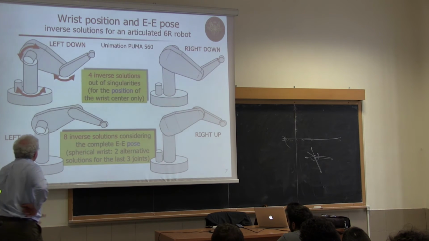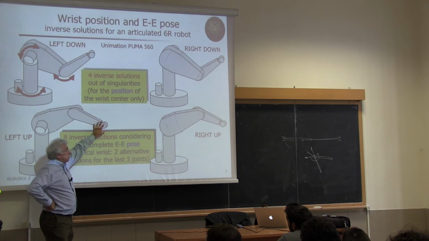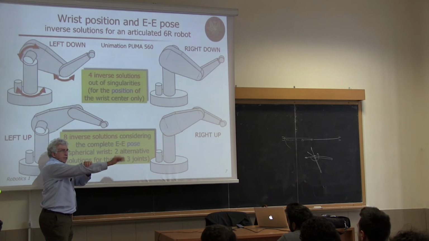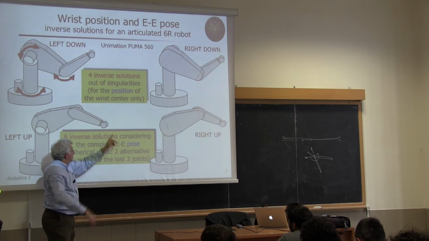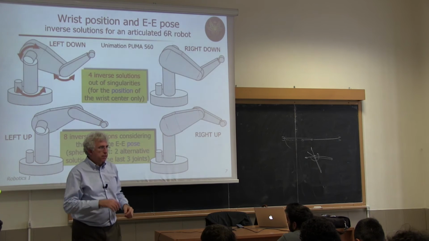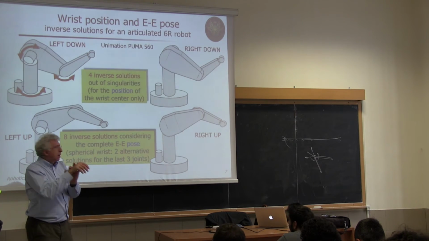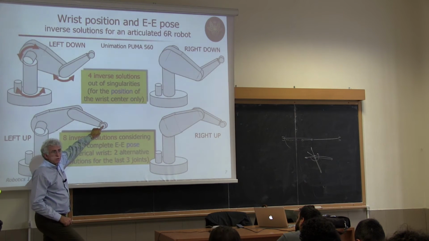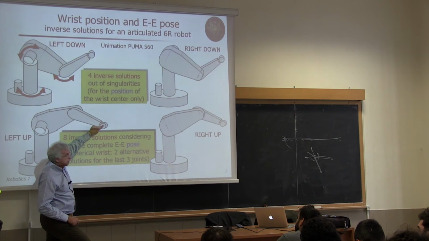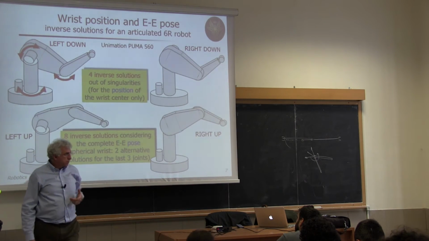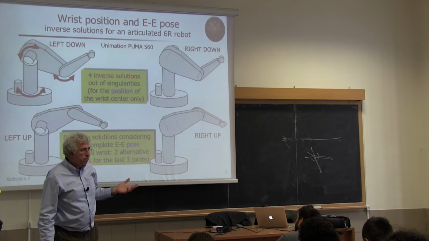Now, if you forget about the last 3 joints, the last 3 joints are this rotation, and then the final rotation of the flange, which is not shown here. So you've frozen this. And in fact, you don't care at all about this, but you care only about the positioning of the center of the wrist, which is more or less here. So you're using only the first 3 joints, theta 1, theta 2, and theta 3.